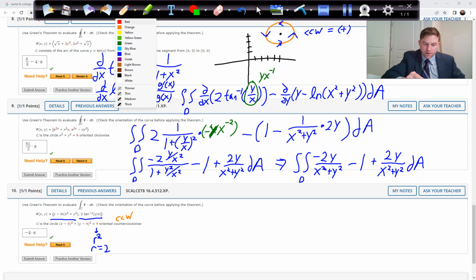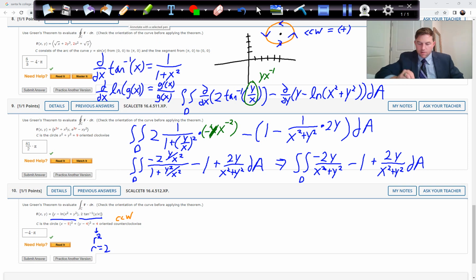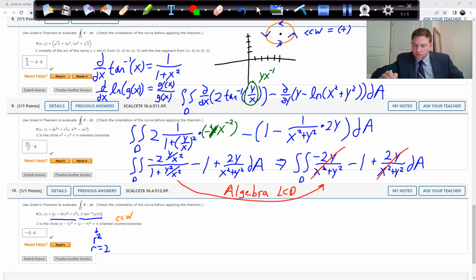And if you look very closely, again, I haven't shown this step, so from here to here, algebra, specifically finding a lowest common denominator. You'll notice the first term and the third term are exactly the same, but they're opposite in sign, so they will cancel each other. And we are left with minus 1, so the minus 1 can come out, times dA.